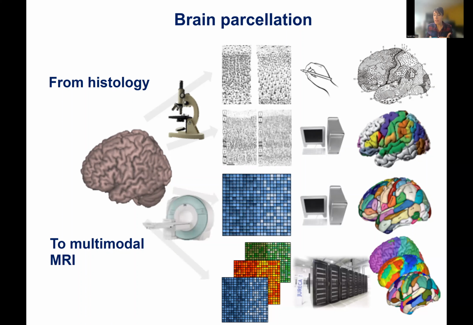From these different maps, we can try to integrate them into a unique multimodal map. This is what Matthew Glasser is going to talk about in this educational course. But we can also compare the maps to look at convergence and divergence, and this provides us a specific insight into principles of brain organization. I will talk about that at the end of this session.